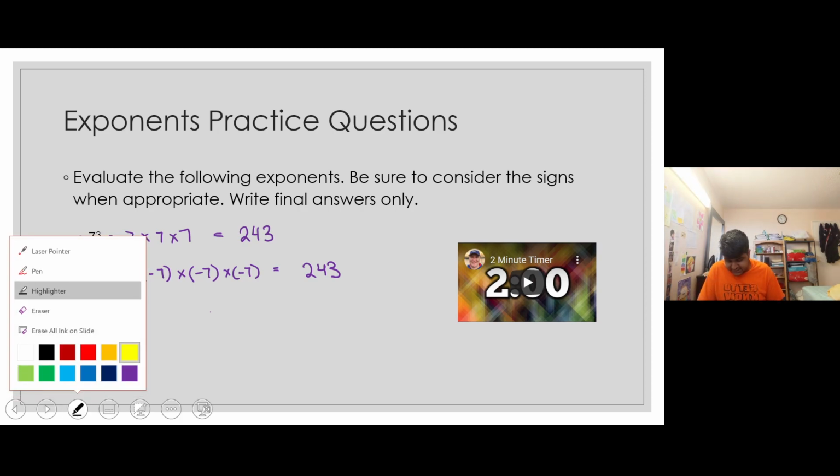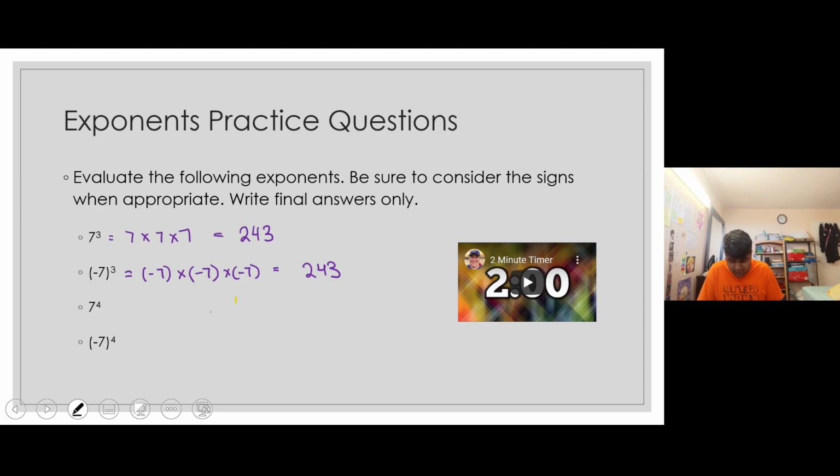Not only are we multiplying the actual numbers, but we're also multiplying these signs. We have 3 negative signs, and if you're experienced with math, you know that 3 negatives put together make a negative, which means we actually have negative 343. So the only thing that changes from here to here is the sign.